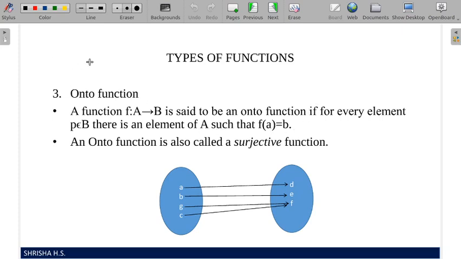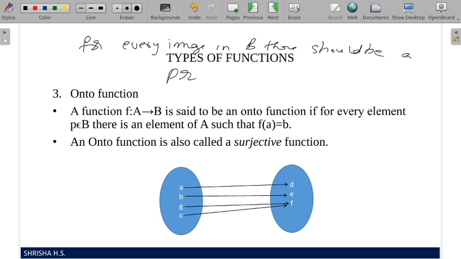What we can understand here is that for every image in B, there should be a pre-image in set A. Observe here, there is no idle element which is not mapped.